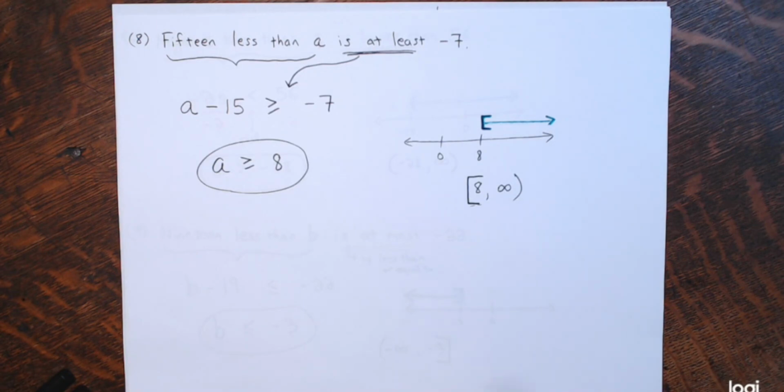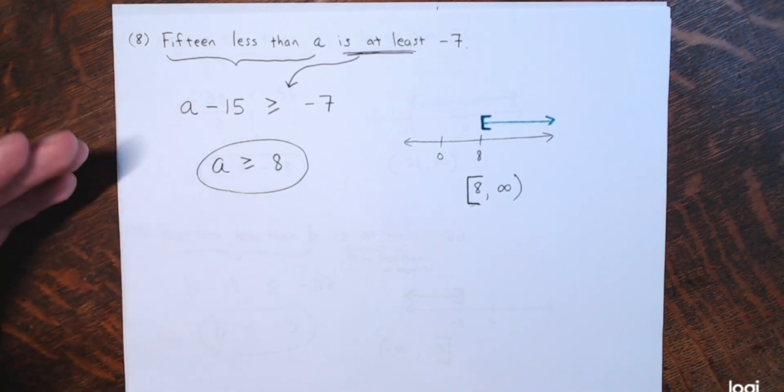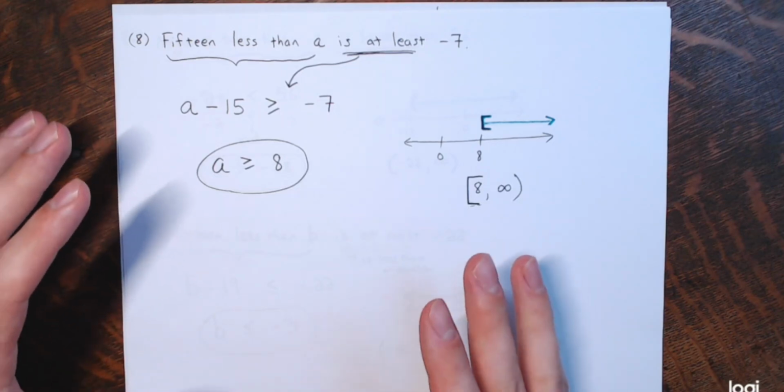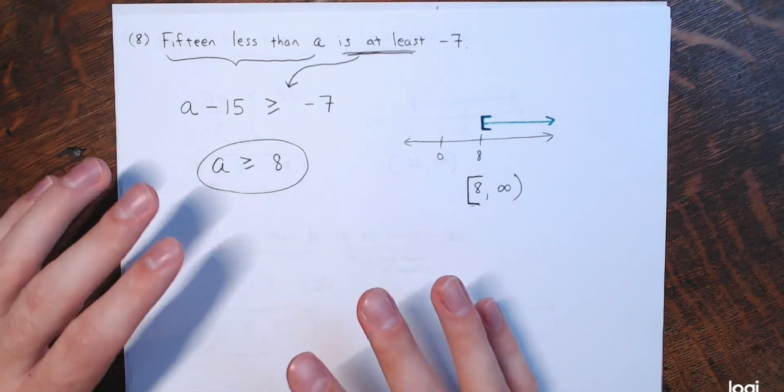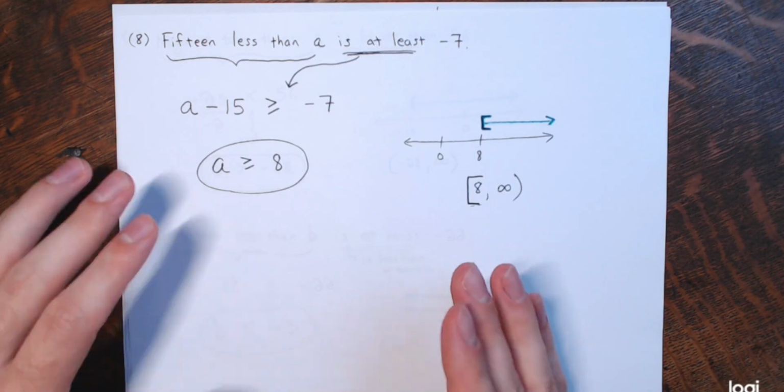Right, there are definitely other key words that you might come across when doing translations and word problems, but I'm just hoping watching me go over these few here gives you a rough idea as to how certain things are going to be translated. And I want you to just understand that you really got to pay attention and read carefully, make sure you understand what the English words mean.